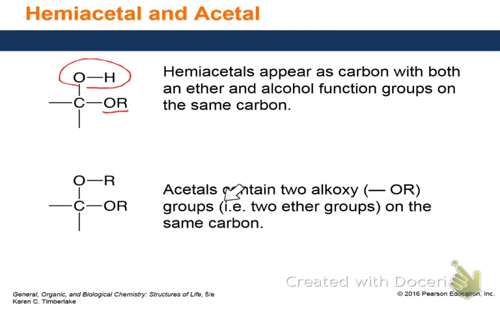So an acetal just has two ether groups on it. You can recognize an acetal because you have a carbon bonded to an oxygen and the R, you're familiar with the R notation, just another carbon. It could be anything. It could be a methyl group, so R equals like CH2 and then something else.